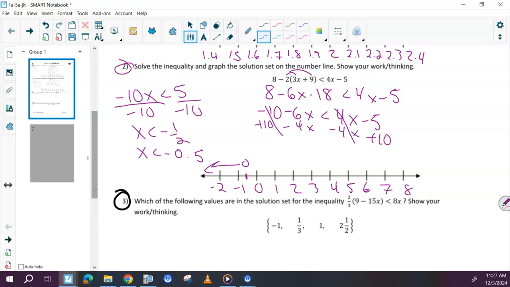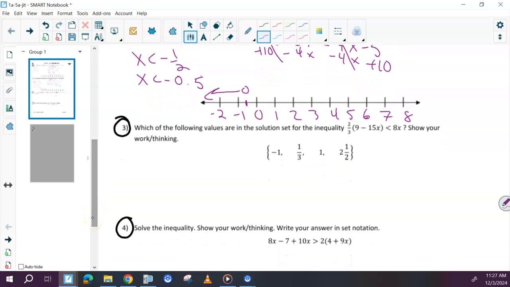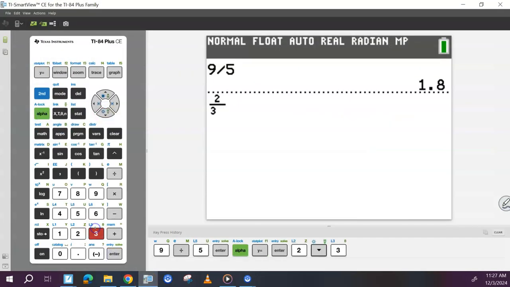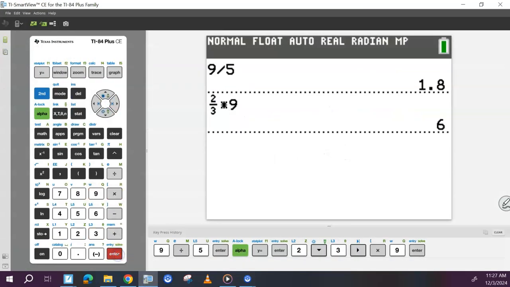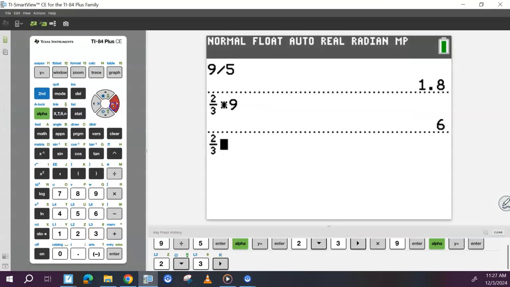And then for number 3, which of the following values are in the inequality set? So let's solve it first, and then we'll talk about this part. So we'll distribute the 2/3 by multiplying that fraction to 9 and to -15.